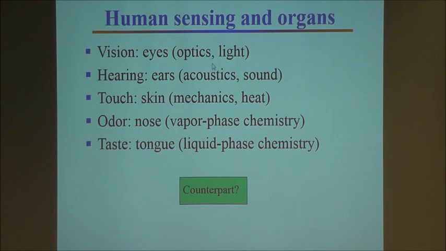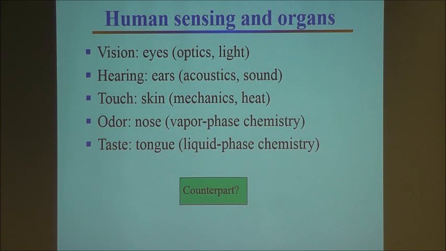Human sensing and organs. Vision corresponds to eyes. Hearing, ears, acoustic and sound. Touch is skin or tactile sensing, a skin type. Because when manipulators were first invented in the 1950s, if they were not able to invent tactile sensing, there was no use for the robot to work in the environment and pick things up.